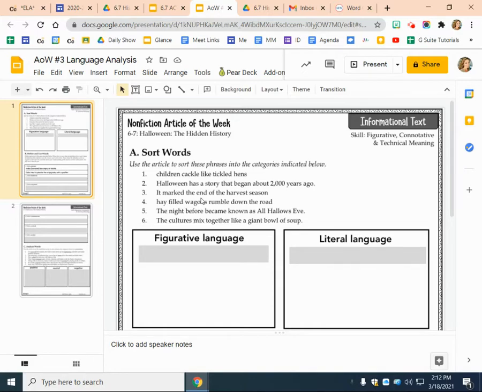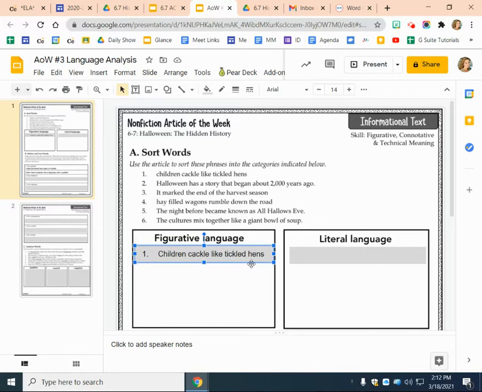So what I want you to do is to type that number 1, children cackle like tickled hens in the proper box. And I'm going to stretch my text box just a little bit so I can save some space for the rest of the answers. So that is a simile, and that is figurative language. We don't take that literally.